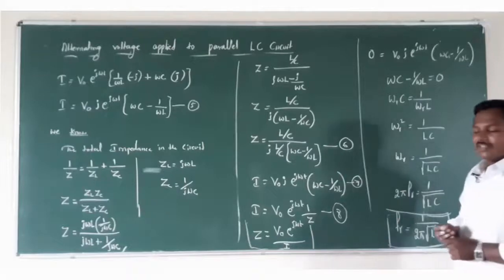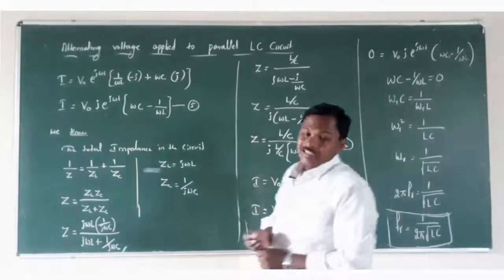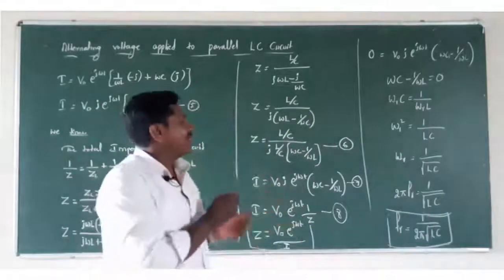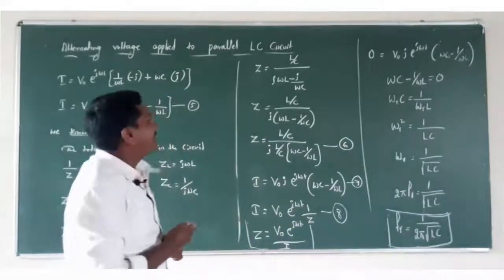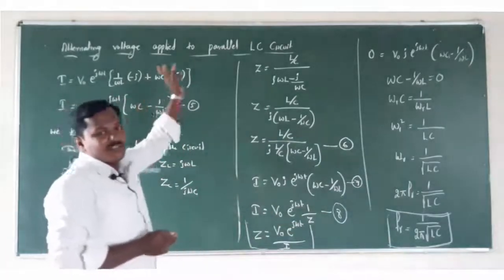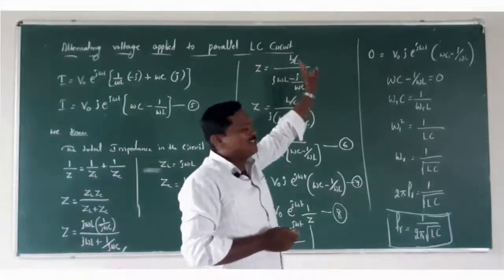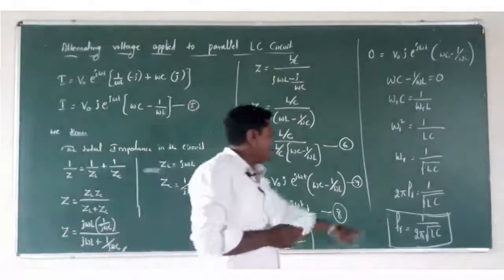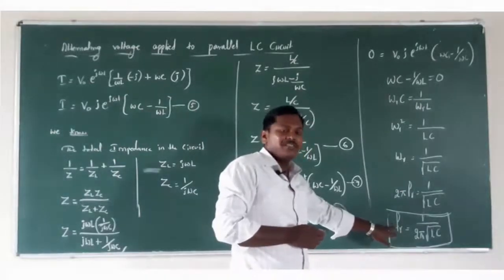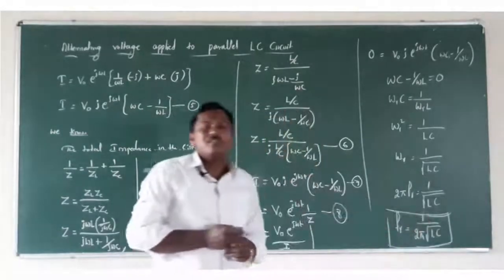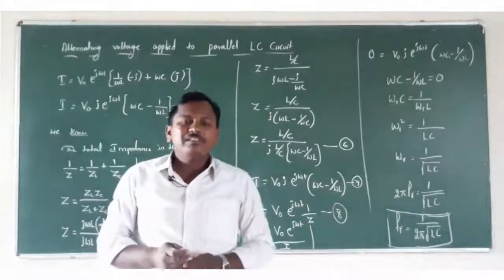At the resonant frequency, we know that maximum impedance takes place. If the maximum impedance takes place, the current flowing through that circuit becomes very less, and it also becomes equal to 0. Therefore, the resonant frequency can be represented by 1 over 2 pi square root of LC.